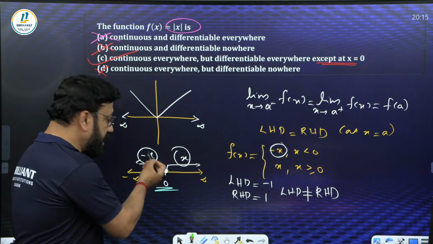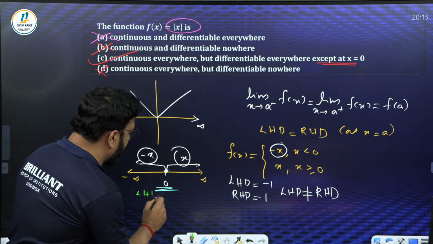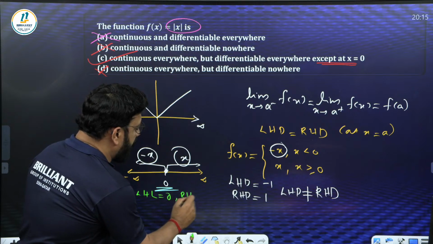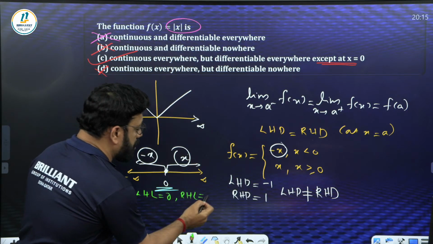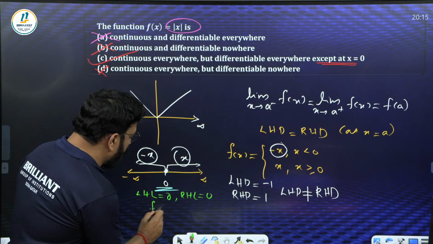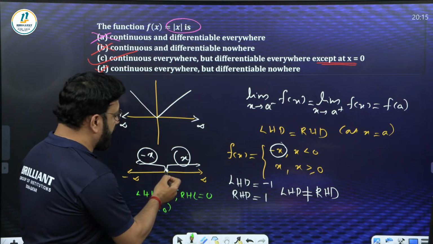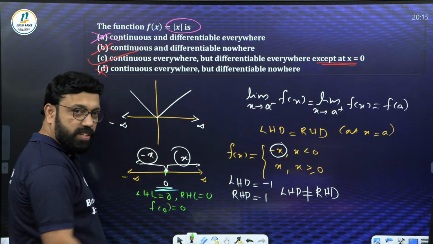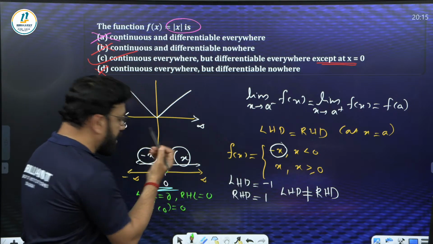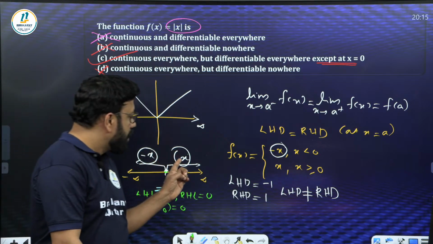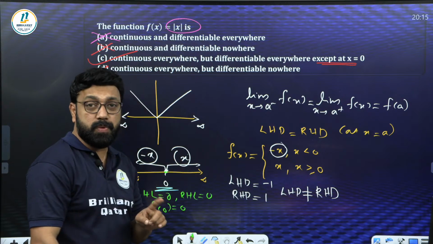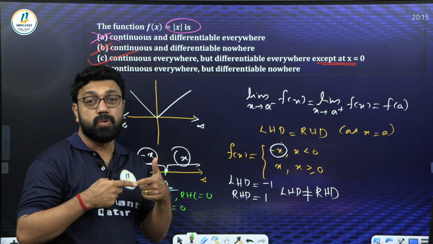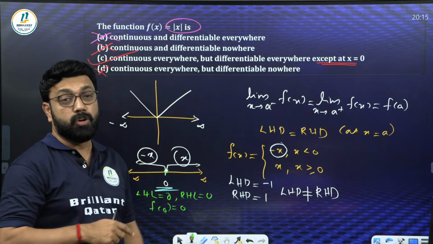LHL means negative x, directly substituting 0 in place of x, and RHL, directly substituting x as 0, and f of 0 is directly 0. That is the first point, finished. Second point, LHD, derivative of minus x, is minus 1, and RHD, derivative of positive x, is plus 1. Both are not joining, LHD not equal to RHD. So it is continuous but not differentiable.